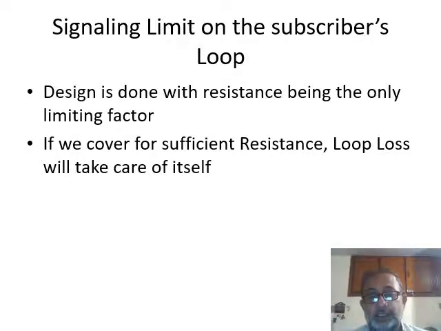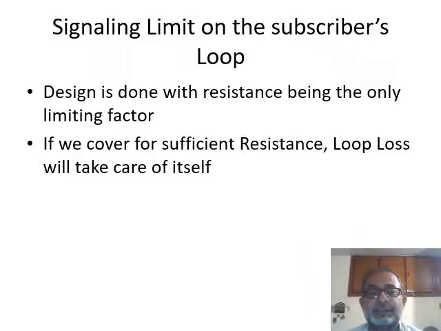Now, another important point: signaling limit on the subscriber's loop. When we are considering the signaling of the telephone signals, for example, signaling includes the telephone number dialed, the numbers dialed, the tones sent, and the ringing current sent. All these are included in signaling.